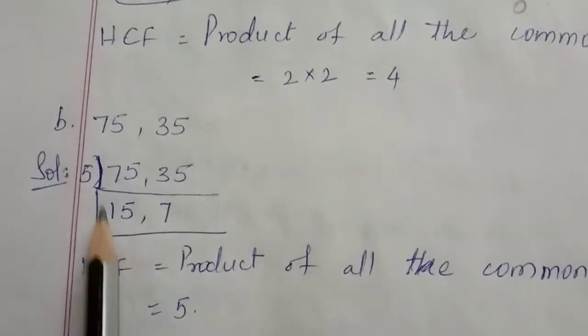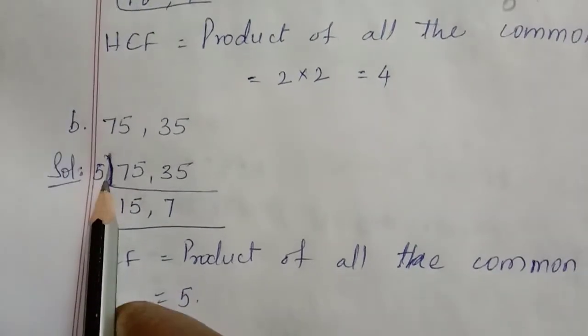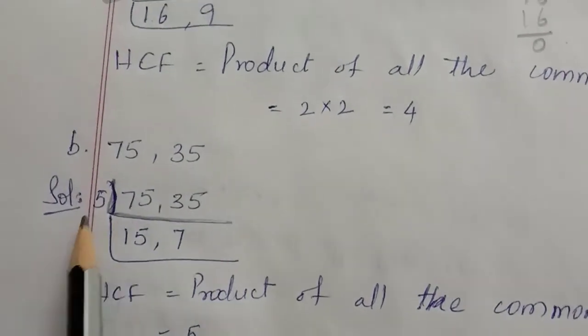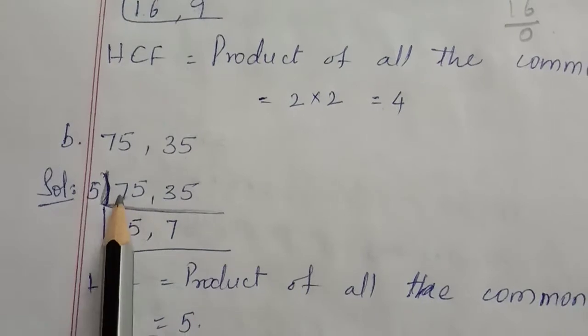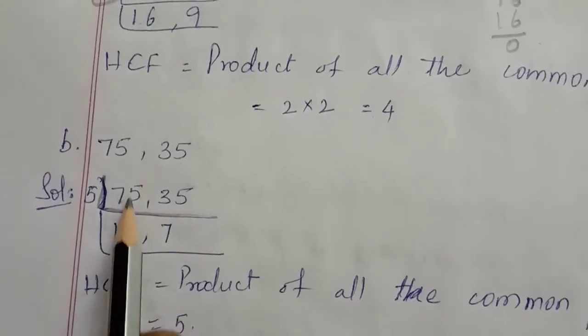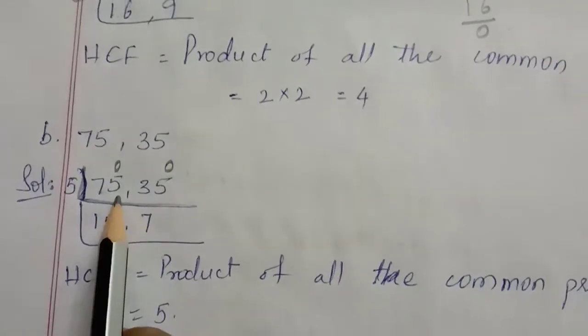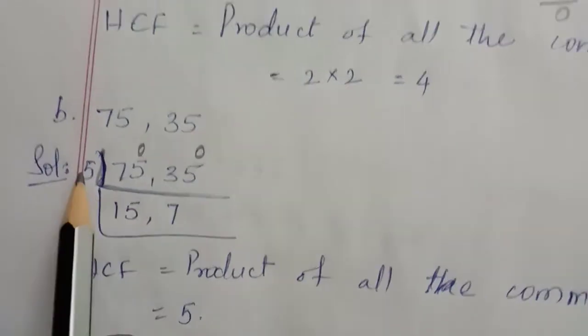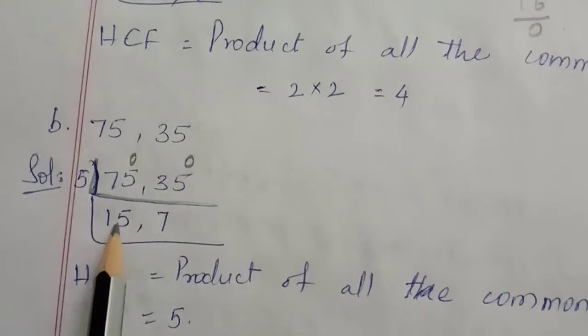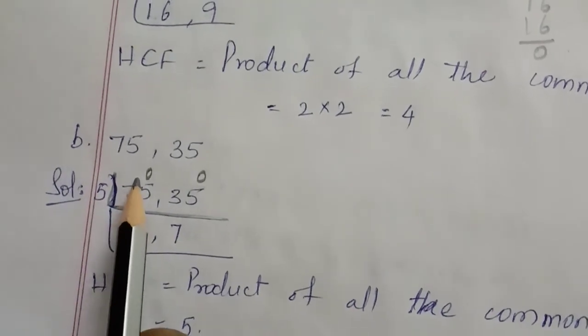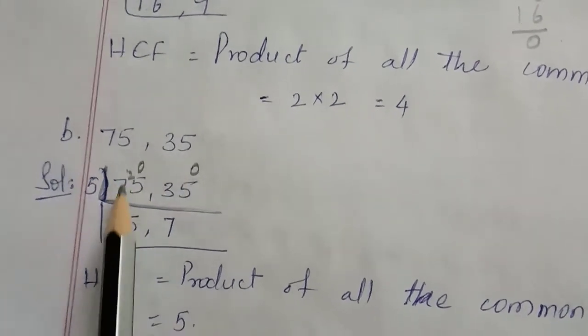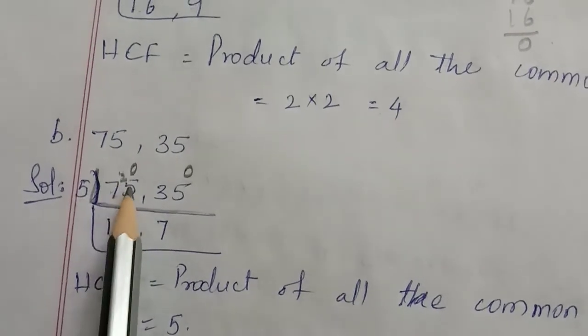75 and 35. So again that also should be taken in L shape. Now 75 and 35, the last digit is 5 and 5. So both numbers will come in 5 table. So we will take 5. 5 ones is 5, 2 remainder. Okay. So it will become 25.